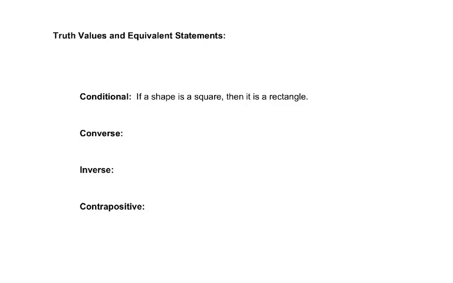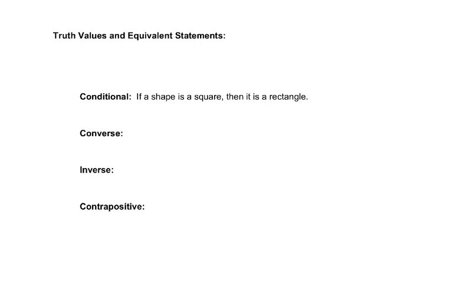So we already went through in a previous video and looked at conditional statements, converse statements, inverse statements, and contrapositives. Between these four statements, two are going to have the same truth values, and they're going to be considered our equivalent statements.